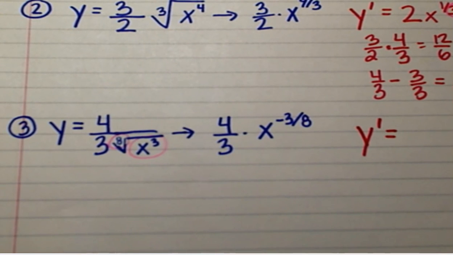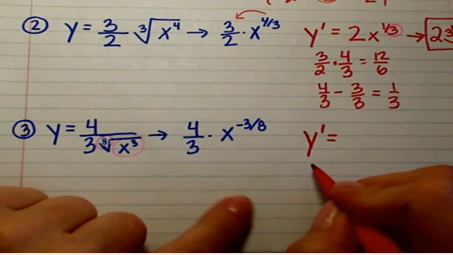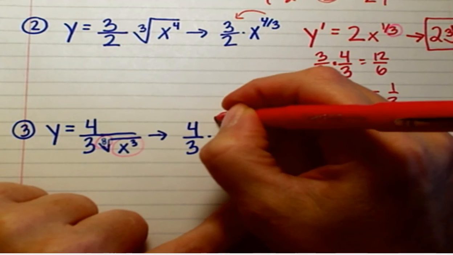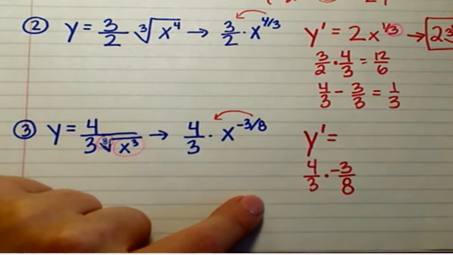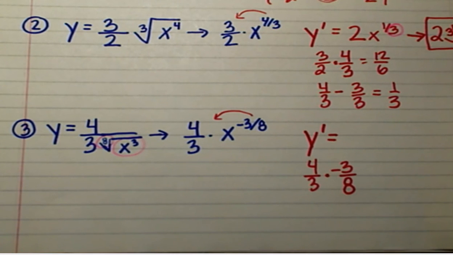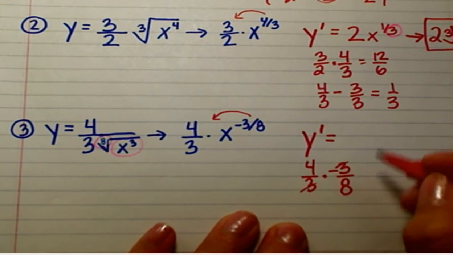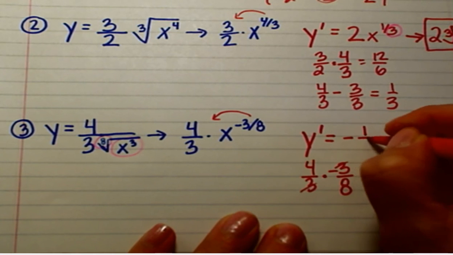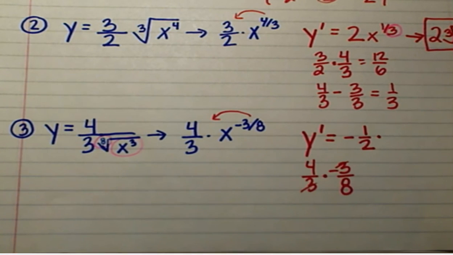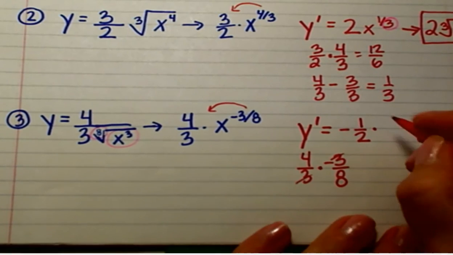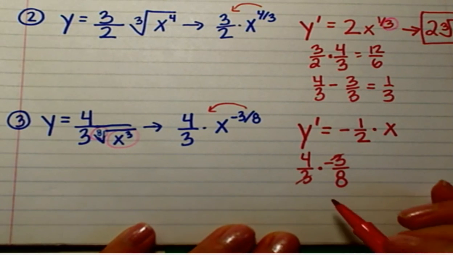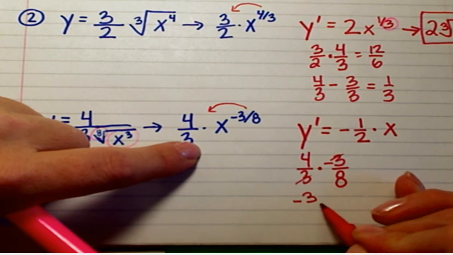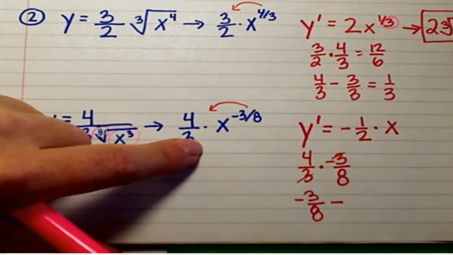Now I'm ready for the power rule. Okay, so, right, drop the power. There's me multiplying the power so that I can reduce it. -1/2 x, subtract 1. Okay, subtract 1.